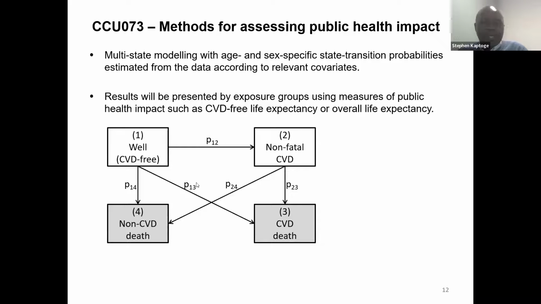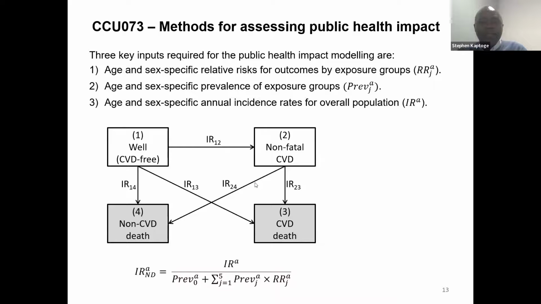And we will use the data to inform the transition probabilities in an age-dependent manner, which will help us derive survival curves and calculate differences in life expectancy according to diabetes status. In principle, what we need is age-specific relative risks, calculated by sex in each of the data available.